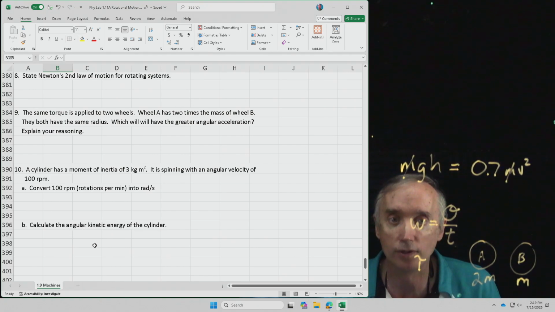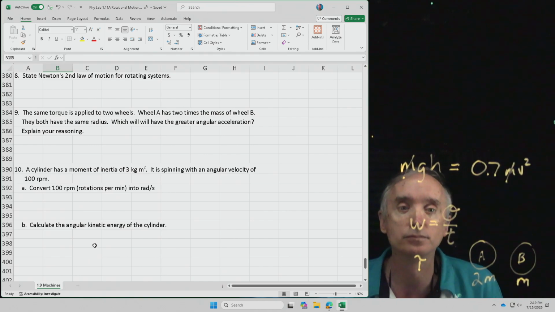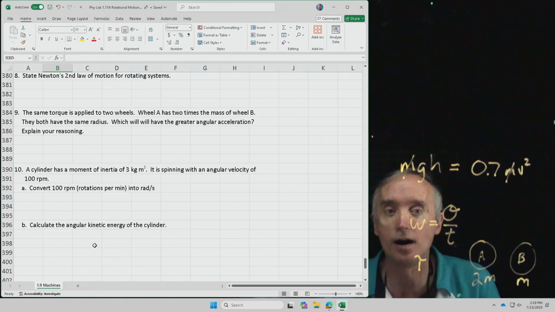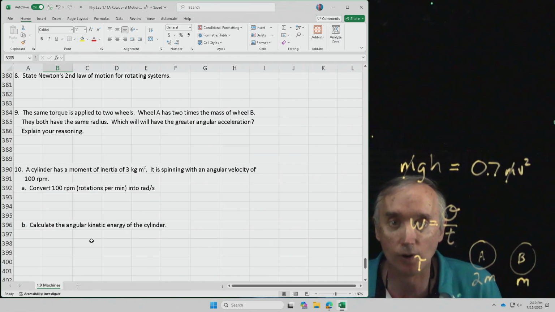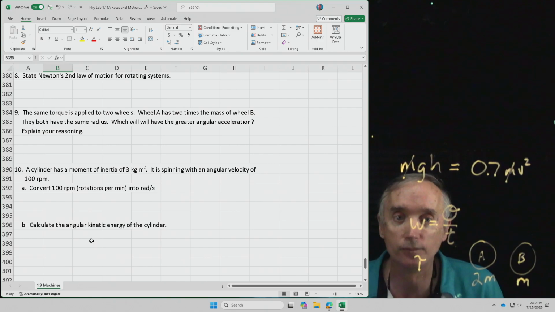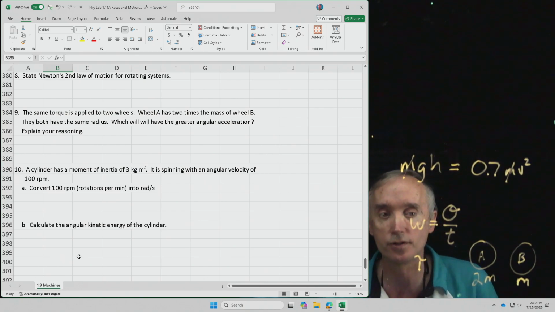If you know its omega, and if you know its I, then you can calculate its kinetic energy. It's a cylinder, so that's telling you what the radius was. The important thing is that you know its moment of inertia. Then calculate its angular kinetic energy.